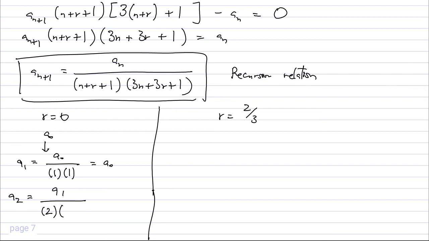So you have 8, and you have a1 over 8, which is a0 over 8, and so on and so forth. You can play a similar game with r is equal to 2/3. And for that, you start from a0, you get a1 is equal to, I think, a0 over 5, and so on and so forth, just using the recursion relation.